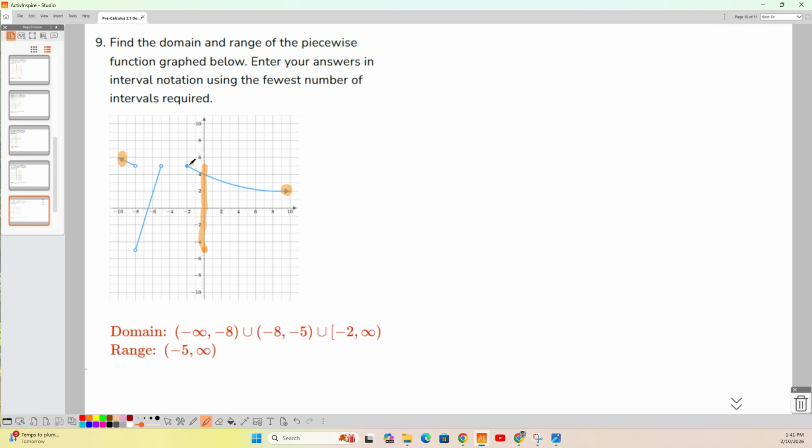Because there's a closed circle at the y value of 5, that means that 5 is included in our range and there's no gap. And we know that this is going to keep going up. So we keep going up to infinity. So our range is negative 5 to infinity, not including negative 5, because at that y value, there's an open circle or a hole.